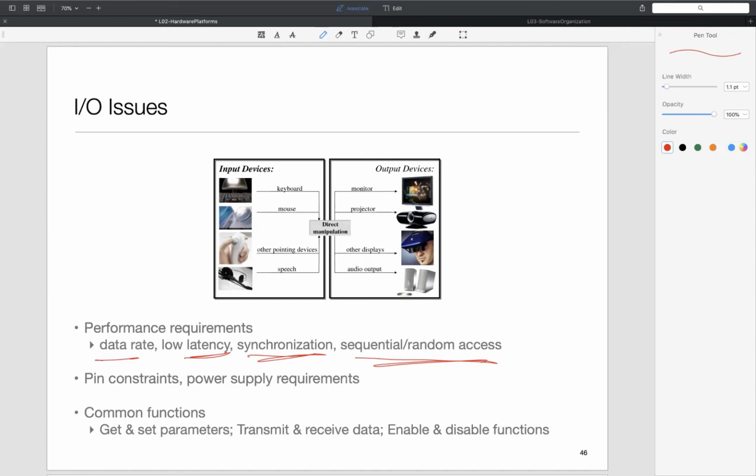And the flip side is you also have a lot of constraints. You are operating with very resource constrained devices. So very commonly, the kind of things one has to do when interacting with, for example, sensors and actuators, you may have to get and set some parameters. Usually these devices have some registers, like to set the sample rate of the sensor, to get the next sample, all those kinds of things.